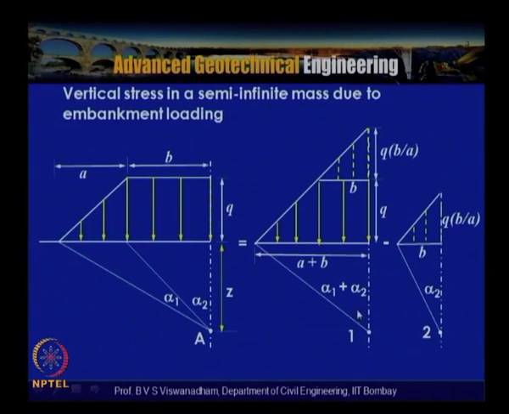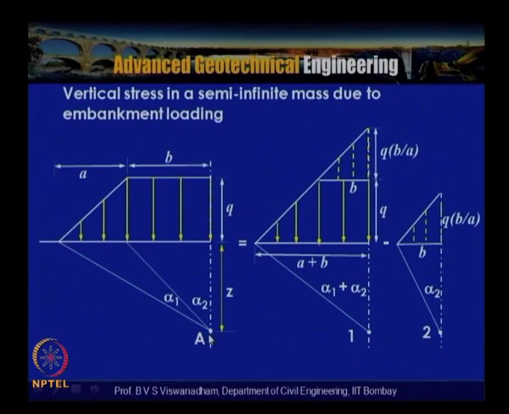So this angle is nothing but alpha 1 plus alpha 2, and this width is nothing but A plus B. Now because this loading is not actually there, the additional loading due to this fictitious portion that we assumed needs to be deducted. So the stress due to that one is say sigma z1, and the stress due to this portion is say sigma z2.